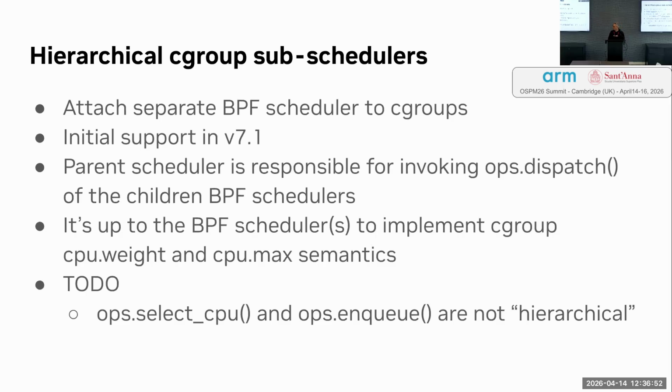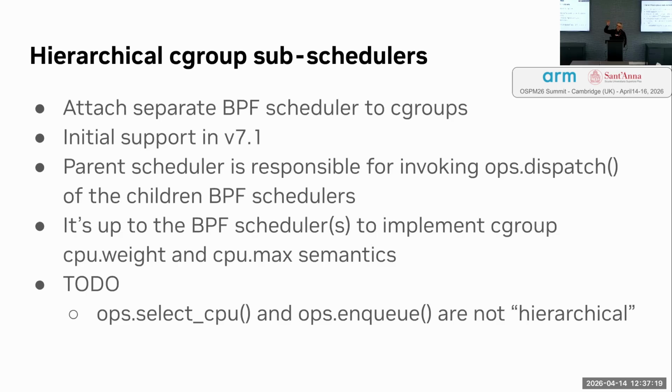I think Tejun already sent the merge request with this part included. So we have an early prototype in SCX so that you can attach different BPF schedulers per cgroup.